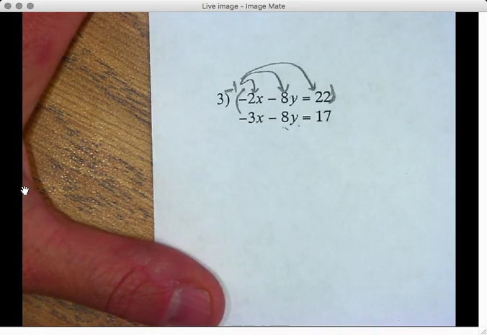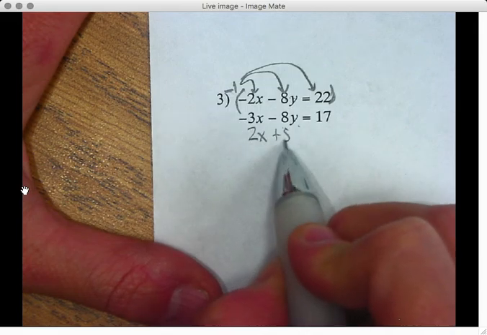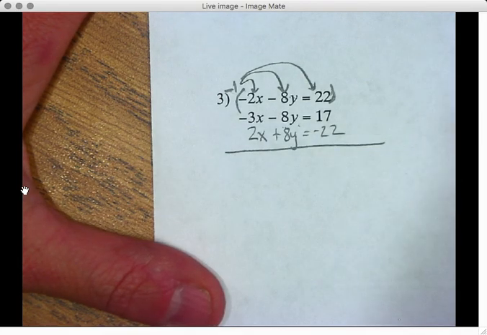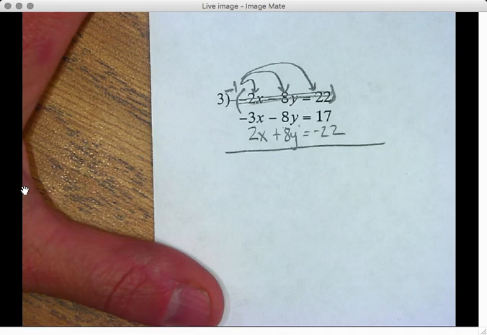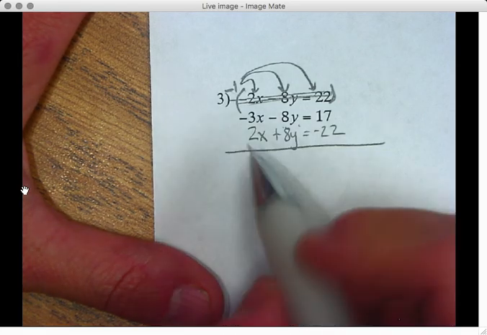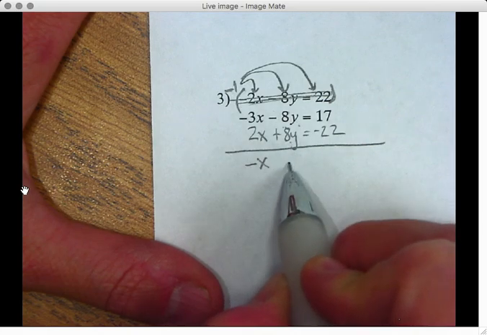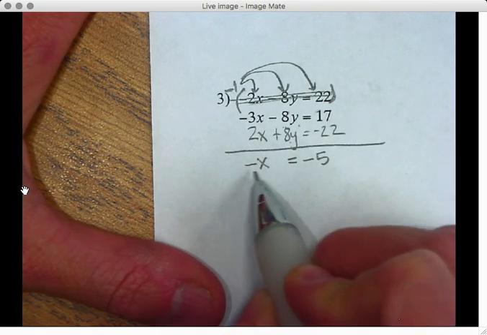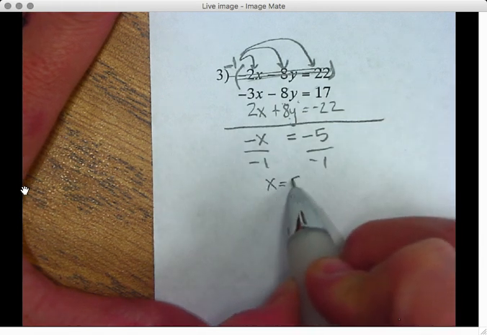All right, what that's going to do is it's going to change every single sign. 2x plus 8y and -22. So now, again, my top equation is gone. I'm going to use these two equations that I have here. And when I add, this becomes -x. Those cancel out. And adding here, I get -5. So when I divide, I see that x is 5.